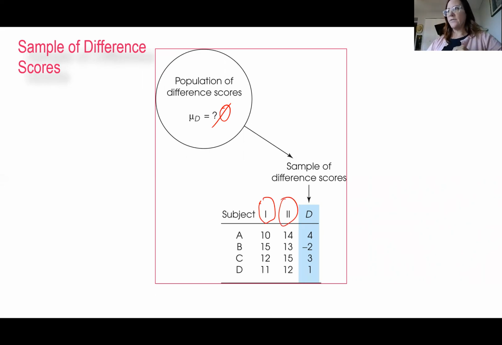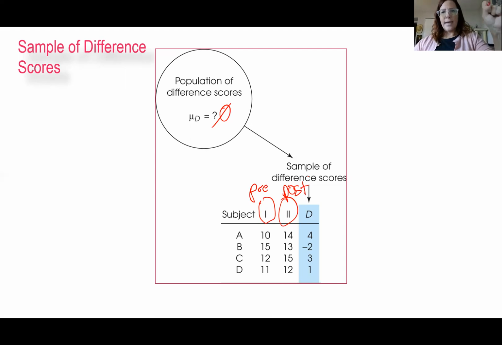This is where it gets confusing, because no matter what, whenever I give you data, I will always give you pre in this group and then post here. But as Americans, and in many countries, we like to do things from left to right.